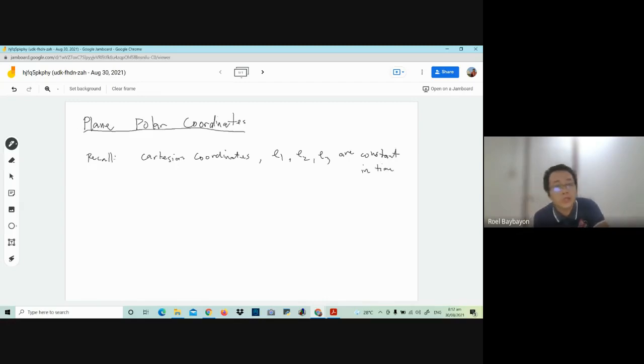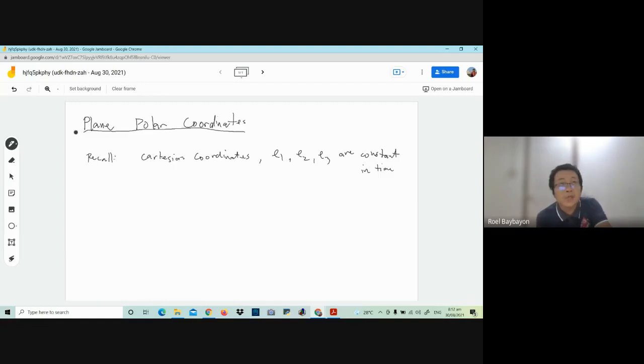So when you take the time derivative of e1, e2, e3, that will be equal to 0. That is why, instead of 6 terms in your velocity and acceleration, you only get 3 terms, because the derivatives of e1, e2, and e3 are 0.